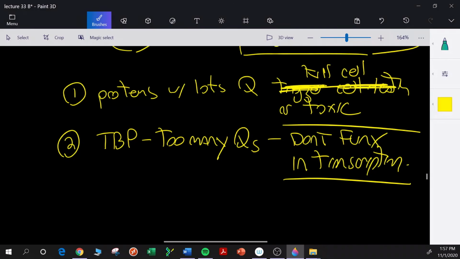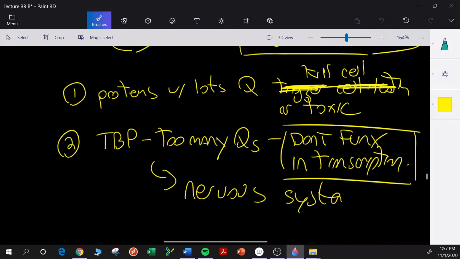And for some reason, which isn't quite understood yet, the nervous system is maybe most vulnerable to defects in regulation of transcription. So there are two competing hypotheses to explain why defects in TBP lead to SCA17.